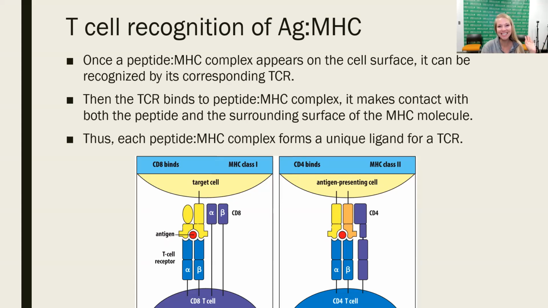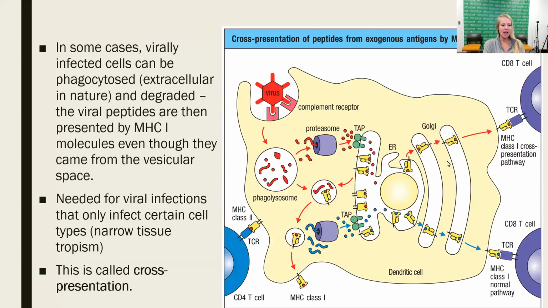But that's not always the case. In some cases, we could have a situation where a virally infected cell, a cell that has been infected by a virus, has intracellular pathogen inside of it, right? But that cell dies and gets taken up by a phagocyte, which now gives us three levels here.